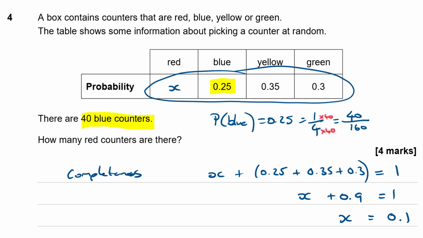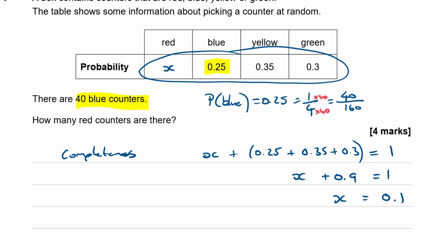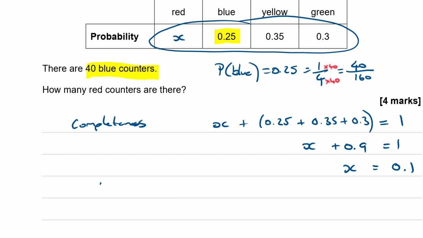Okay, so 160 counters. And the probability of red is 1 in 10 or 0.1. So how many red counters are there? So the probability of red is going to be 0.1, which is 1 over 10, and that's the same thing as something over 160.